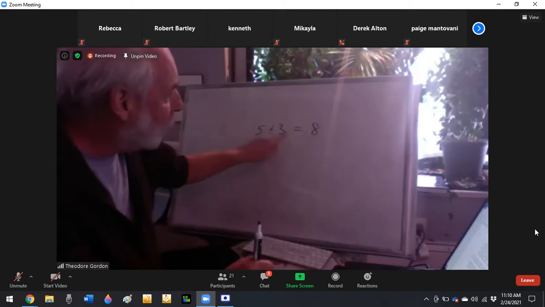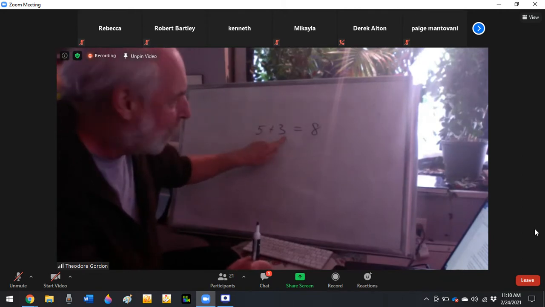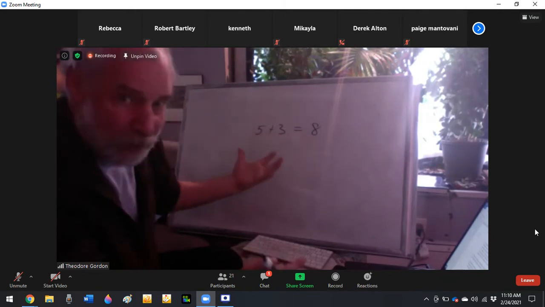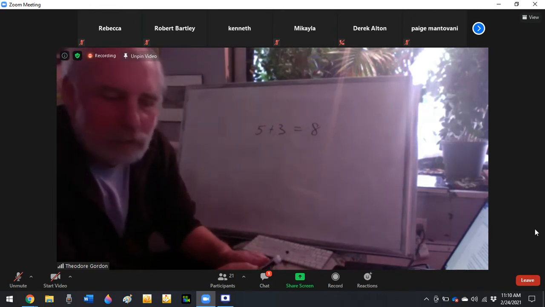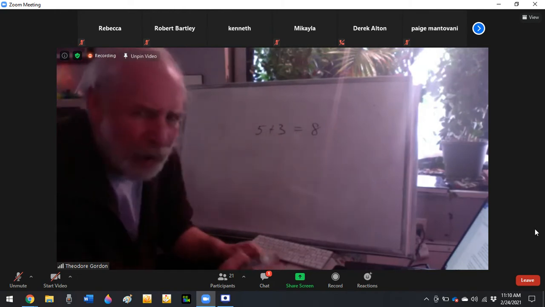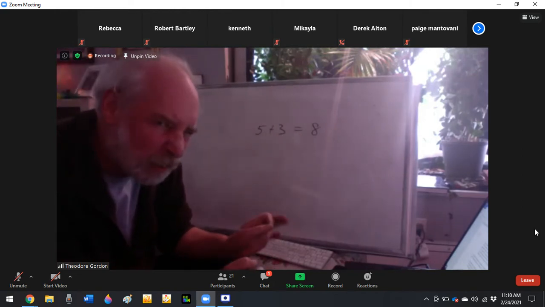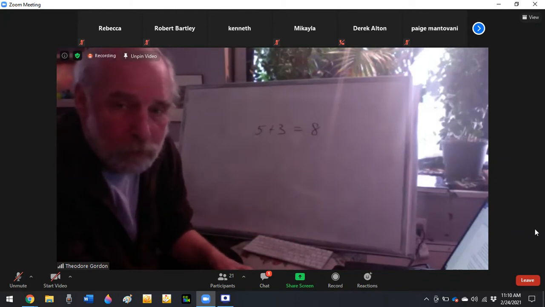On this side of the equal sign, we have a 5, a plus sign, and a 3. On this side we have an 8. They're not identical, but they are equivalent. So we often use the equal sign in a casual way that's not precisely correct. Equal just means identical, the same object.